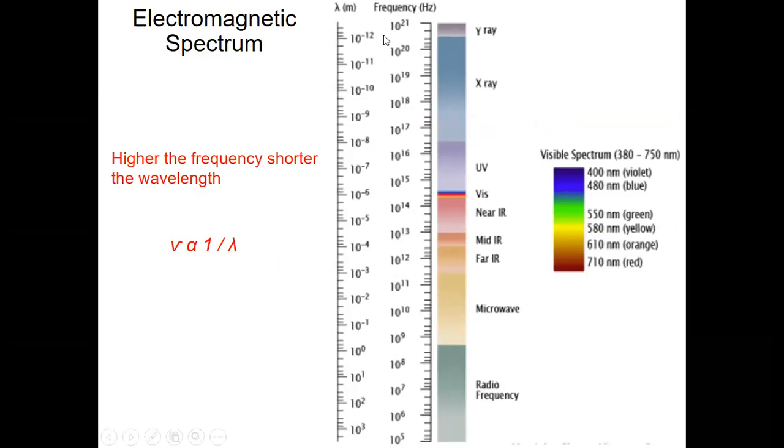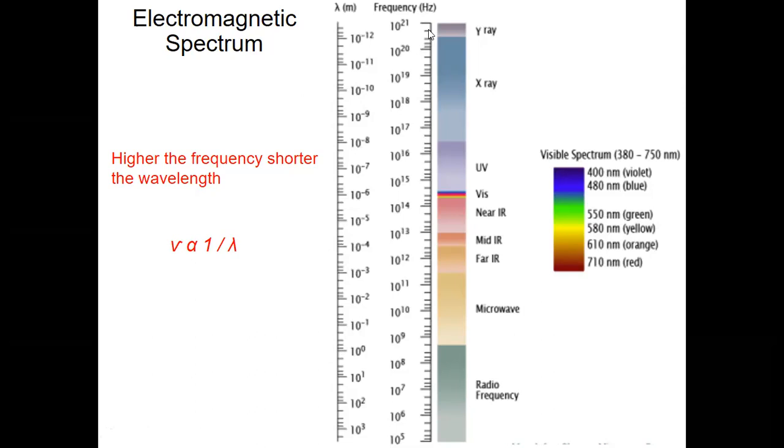So you see frequency values are here, and this is the wavelength. I'm sorry, the label is missing here. This is the wavelength values, right? This is the frequency scale.